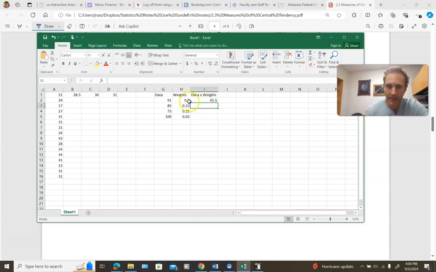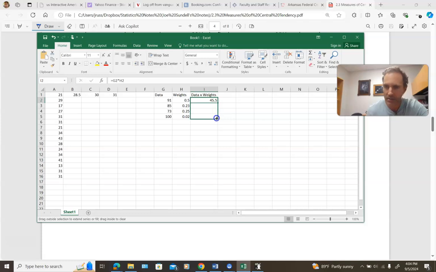which we got. Now, you don't want to have to do that for every single one of these. So what you can do now is you can highlight this cell right here. You can come down here to the lower right where there's that little really small square. You may not be able to see it. But when you get these crosshairs with your cursor, you click and you can drag this down.